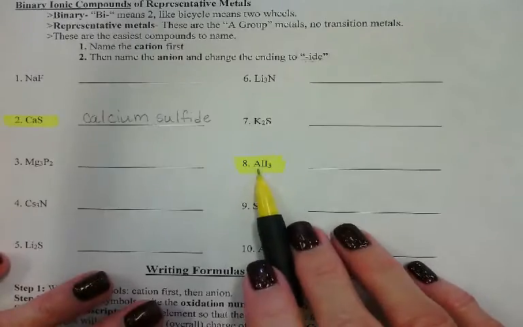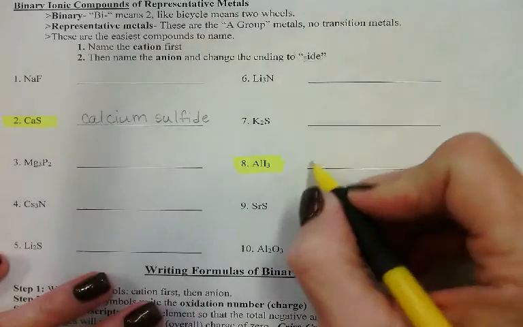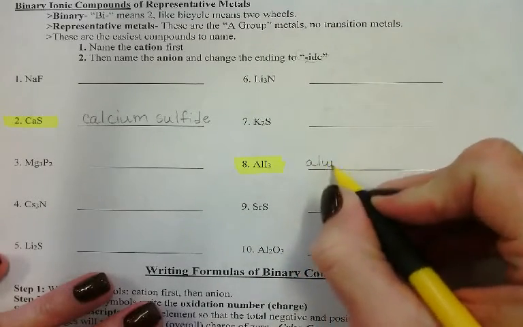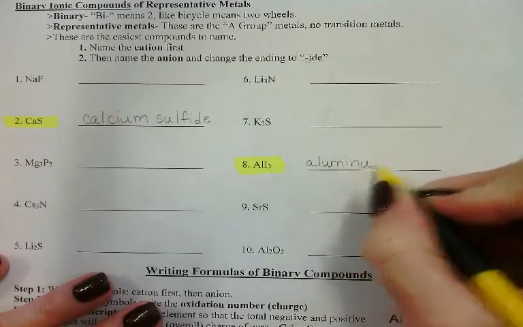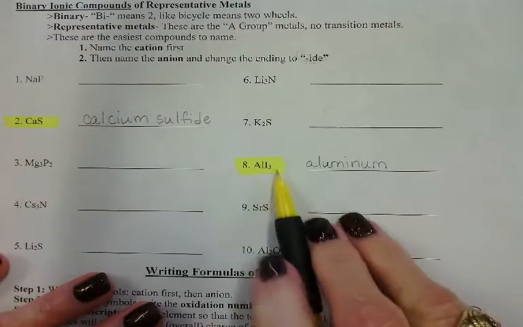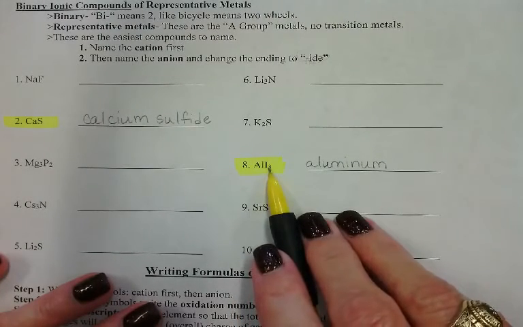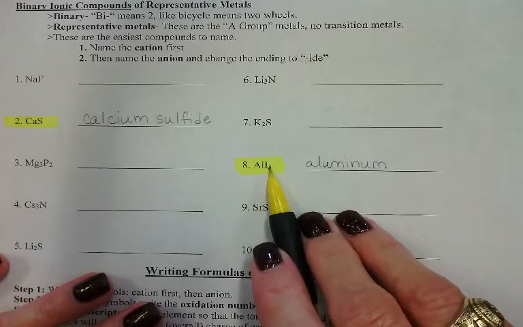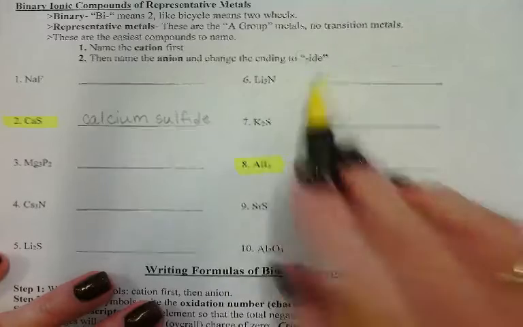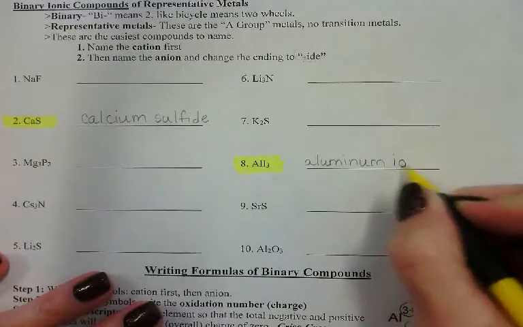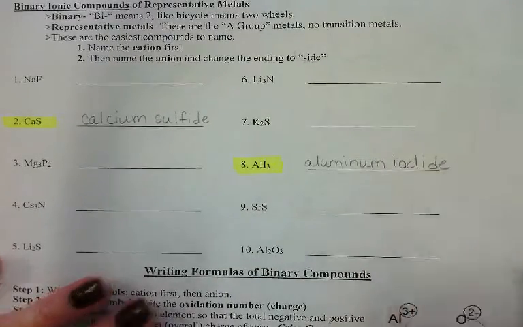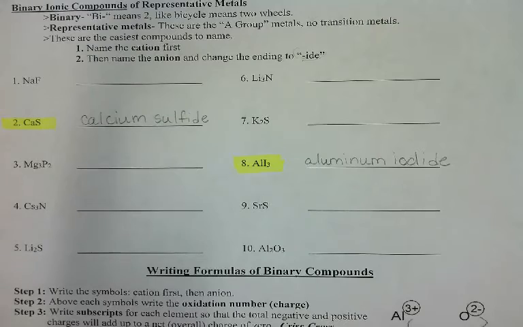This one, what's the cation? Aluminum. Instead of saying it's aluminum iodine, I'm going to say it's aluminum iodide. Aluminum iodide. That's how you do the naming.